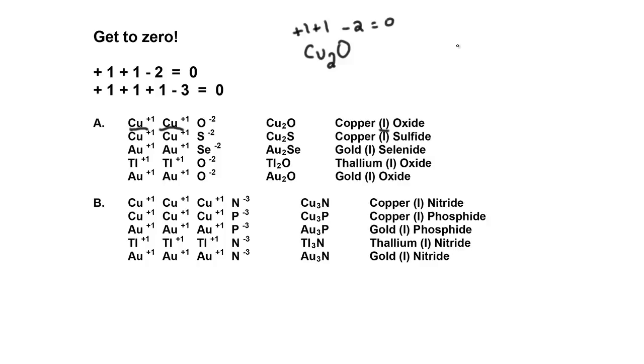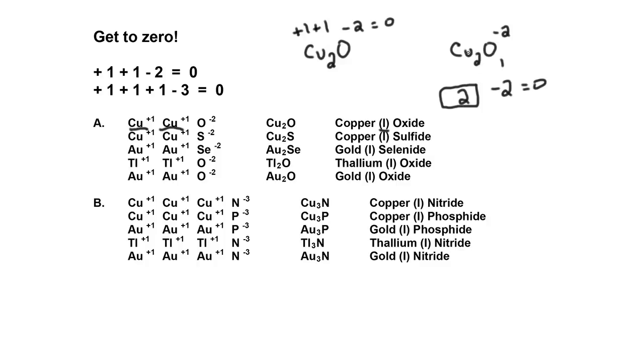Now a different way that works is to write out Cu2O, and we say oxide is a negative 2. How many of these oxides do I have? I have one of them. We have to get to 0, and negative 2 times 1 is negative 2. So something minus 2 equals 0, and that something is a 2.